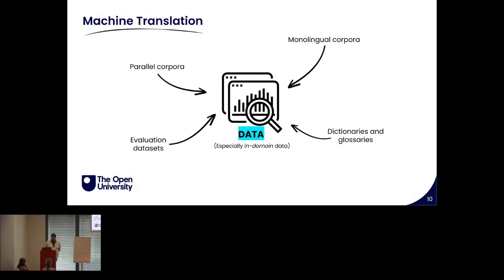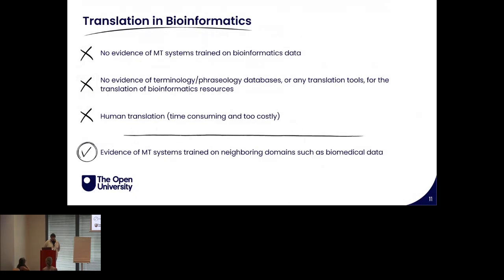In the first year of my PhD, I had to do a thorough and comprehensive literature review. At least that's what we have to do in linguistics. I found no evidence of machine translation systems trained on bioinformatics data, no evidence of centralized terminology or phraseology databases, or any type of translation tools for the translation of bioinformatics resources.